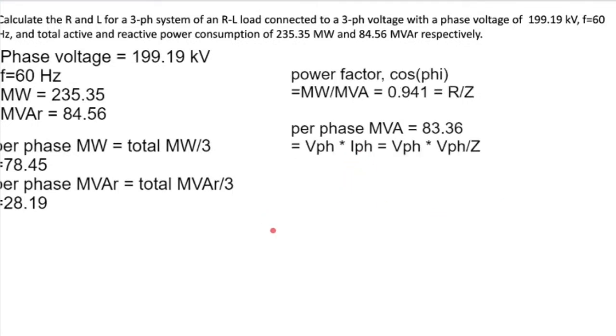Can you calculate the Z now? 199.19 times 199.19 over Z. So we need to know now what is Z. That actually is equal to 83.36.